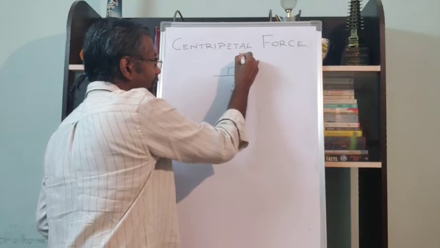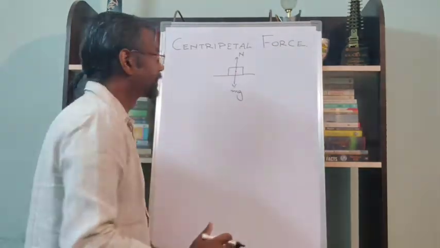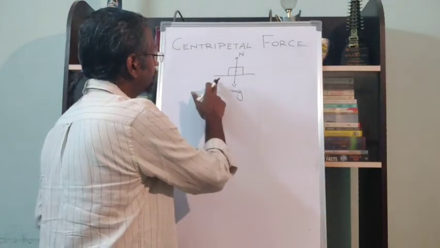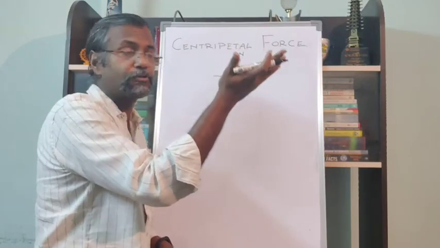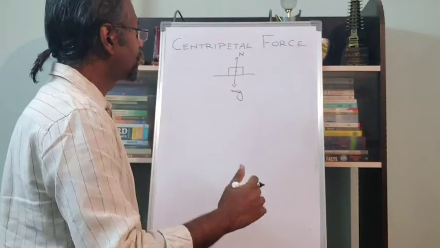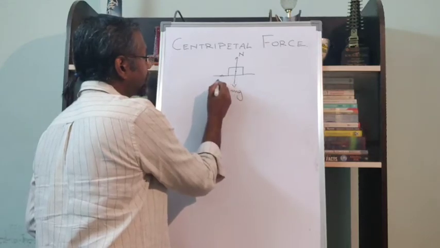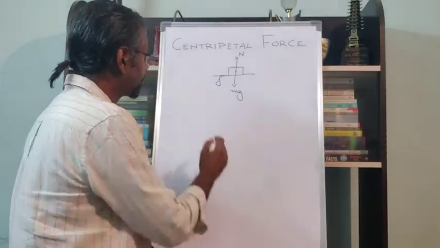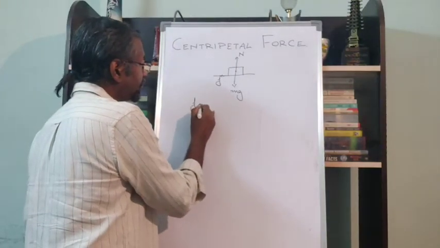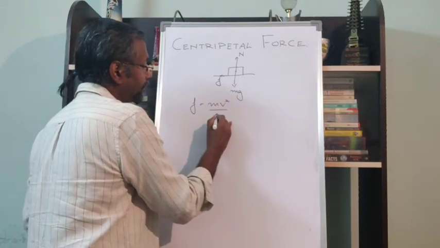There is the force by the road onto the body, the reaction force onto the body. And as it goes around, we know that there's a friction force acting here, right, which provides the centripetal acceleration. So we can say friction is equal to mv squared by r, right?